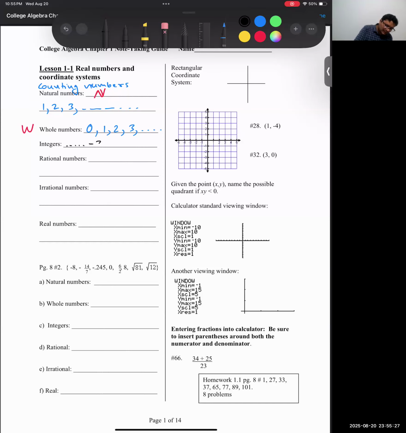And then all the way, you go to -4, -3, -2, then you will have -1, then you will have 0, 1, 2, 3, and continue. So the integers would be the natural numbers, the negatives of natural numbers, and the 0 in between.